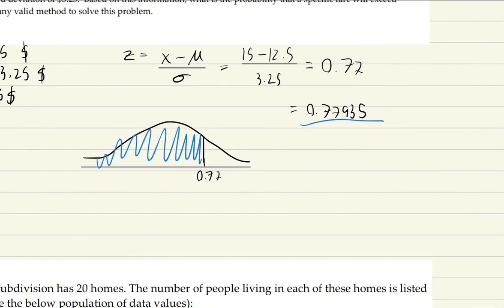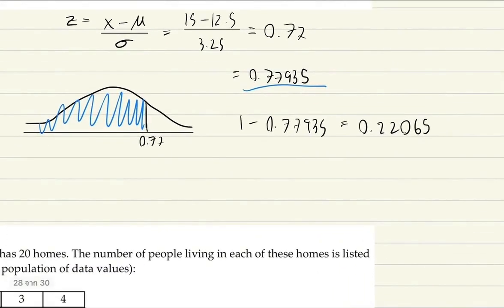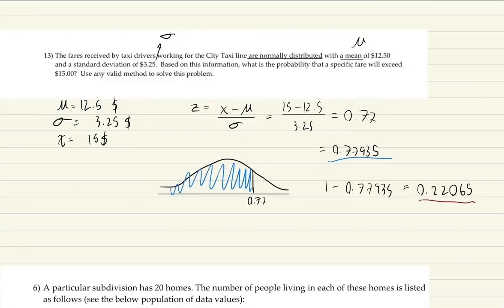So we need to use 1 minus 0.77935, which is equal to 0.22065. This is this part, so this is the probability that a specific fare will exceed $15.